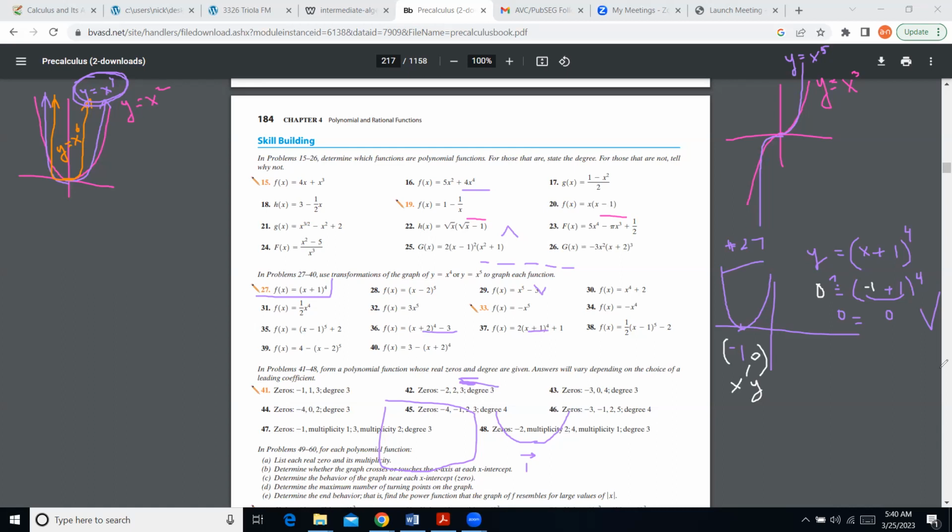So fifth power, like problem number 38 here, that says, what if you decide to multiply by 1/2? What's going to happen with the graph? Well, it's going to expand, right? So it looks like they are talking about 1/2 multiplied by something with x to the power of 5.